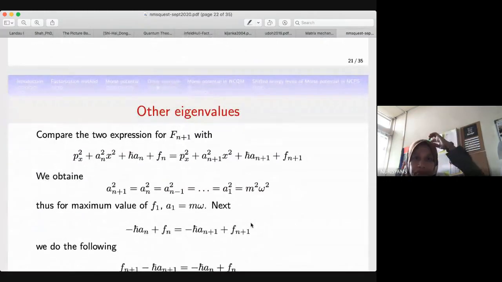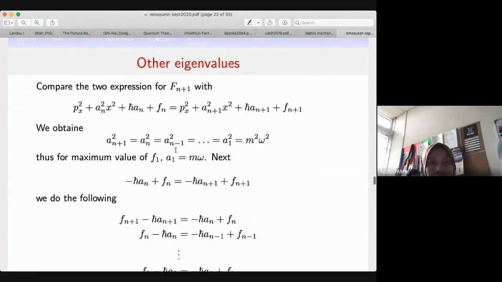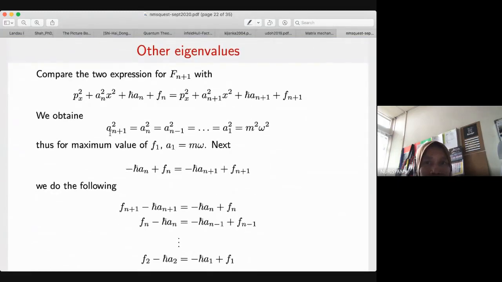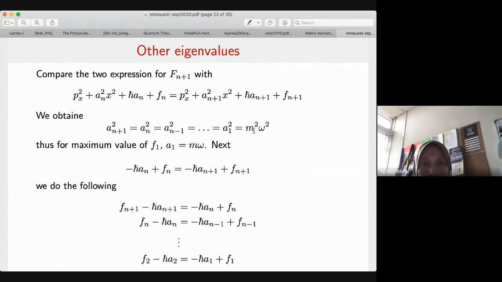For other eigenvalues, I compare with Fn and Fn plus 1, so both sides. So you notice that we can obtain it in such a way, doing the comparing of like terms. Eventually, again, your n is an squared, at least it equals that. So for a maximum value of m or f1, your a1 is equal to m omega.